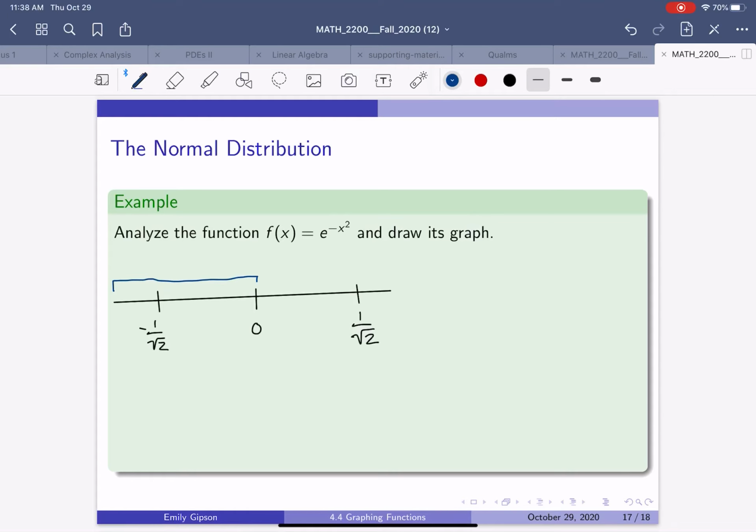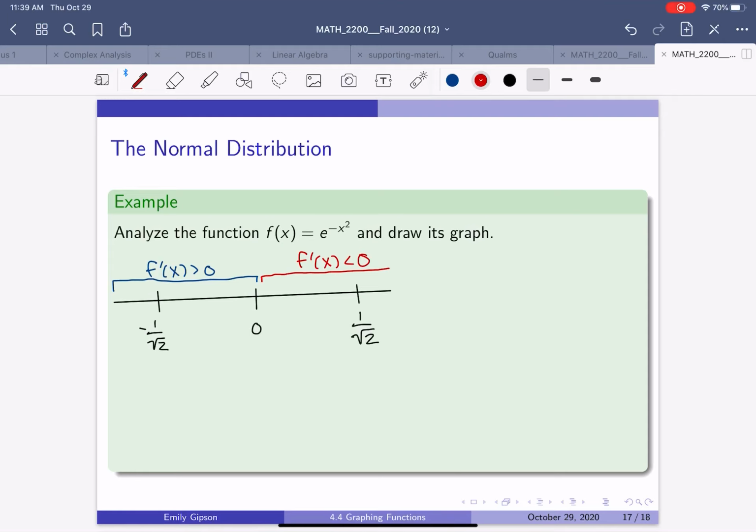And in fact, we're going to be increasing. So f prime of x is greater than 0. So from negative infinity to 0, we're increasing. Then we do the same thing, plug in positive 1, and we get that f prime of x is less than 0, which means it's decreasing.